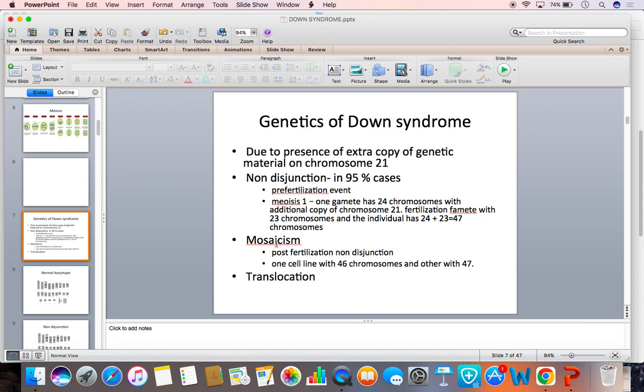The cell line having 45 chromosomes gets destroyed. The cells with 47 chromosomes and 46 chromosomes survive, forming the individual with mosaic Down syndrome.